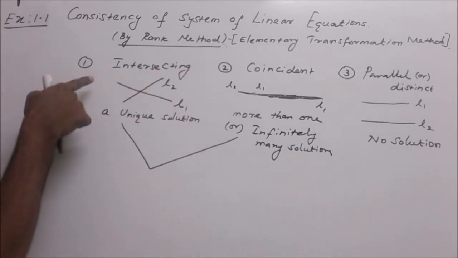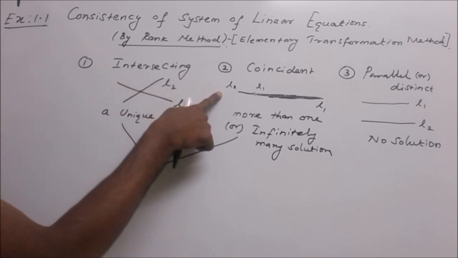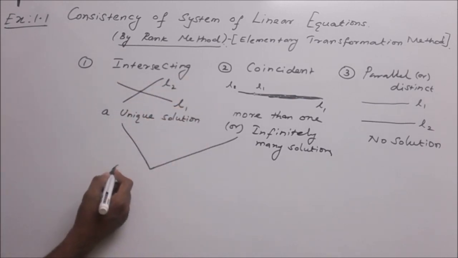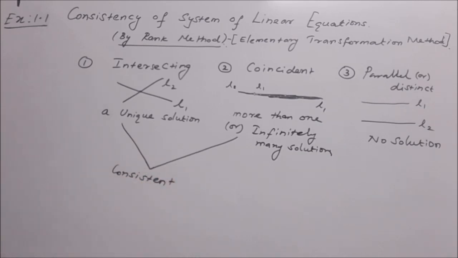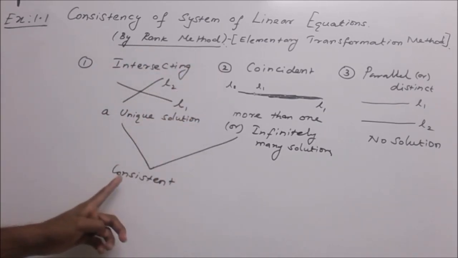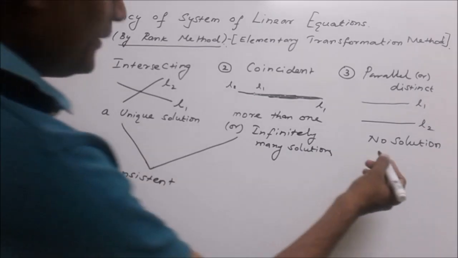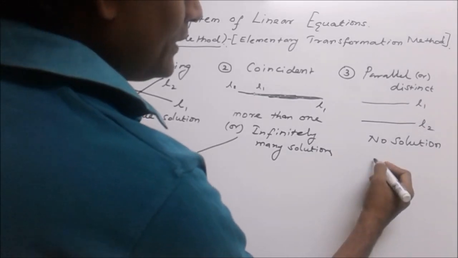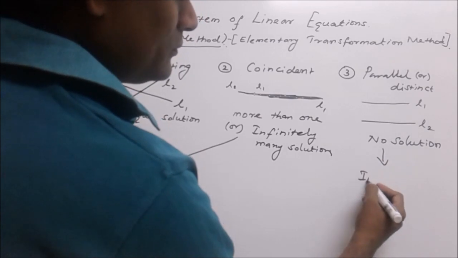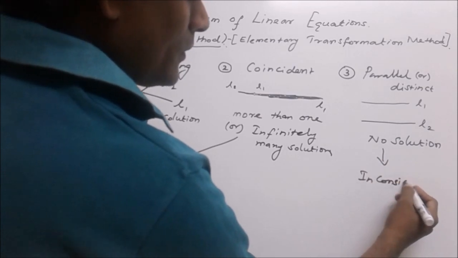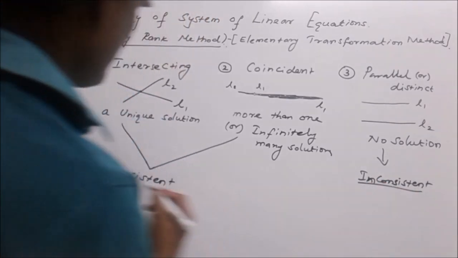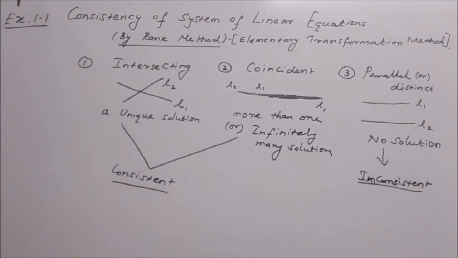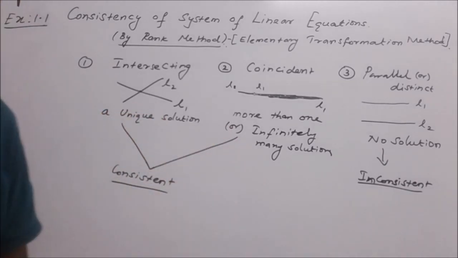Here cases 1 and 2 are known as consistent. Case 3 is known as inconsistent. Why? Consistent means a solution must exist.